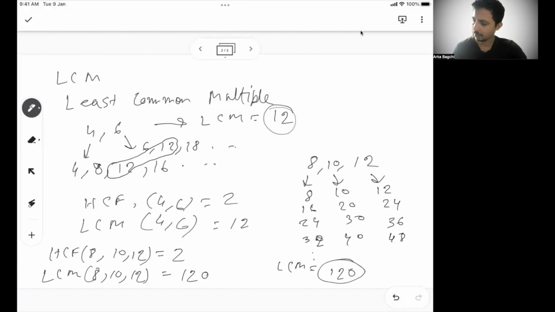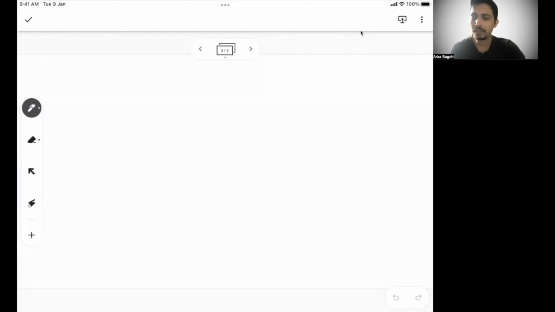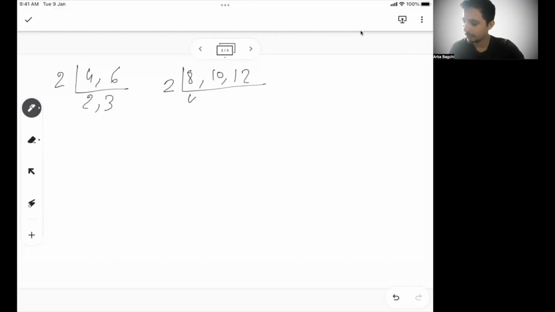Now, there are multiple ways to calculate HCF and LCM. For the HCF of 4 and 6, there is a division method. You divide by 2, you get 2 and 3. Similarly, with 8, 10, 12, you divide by 2, because 2 is the common factor of all of them, and get 4, 5, 6.